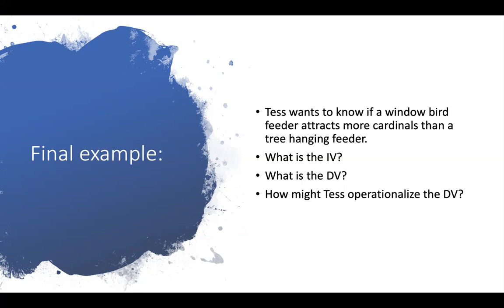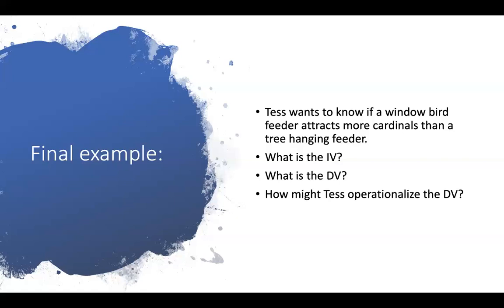Everything you're holding constant, everything you're keeping the same, those are controlled variables. The only thing you're changing is the type of feeder. Is it a window bird feeder or a tree hanging feeder? So the independent variable is the thing you change: window feeder versus tree hanging feeder. The dependent variable is what you're measuring to see the outcome.